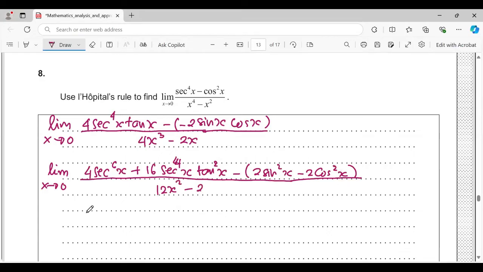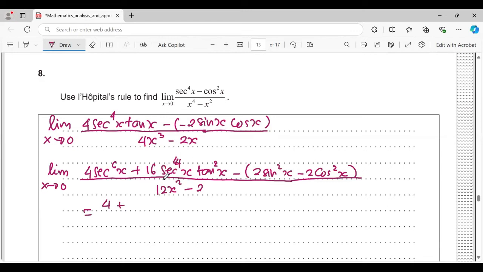Now, if we substitute 0 into this fraction, 4 times secant 0 to the power 6, it will be 4.